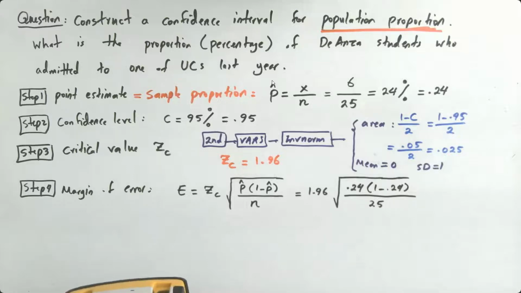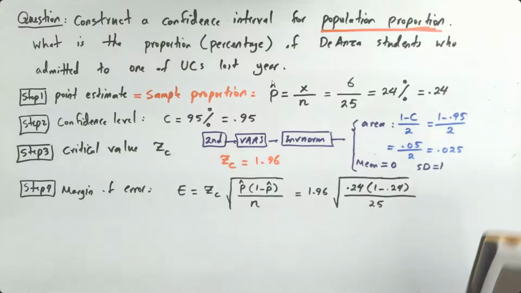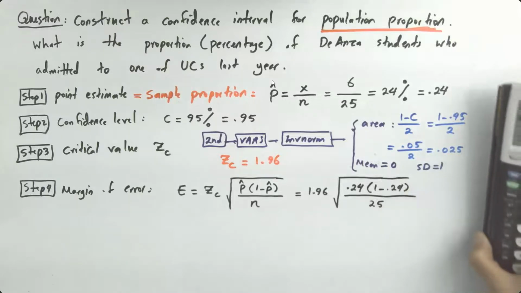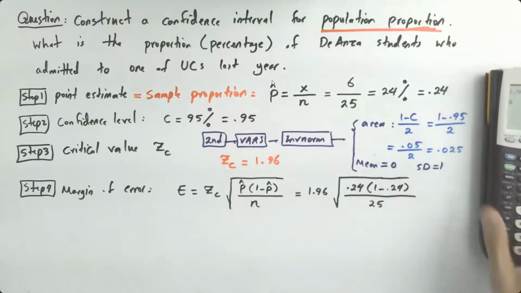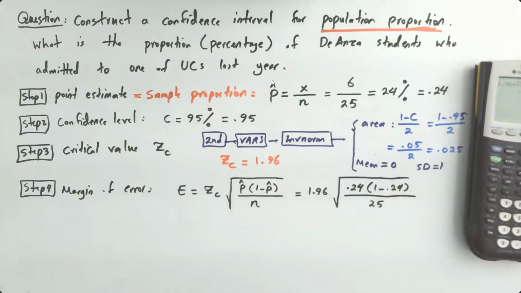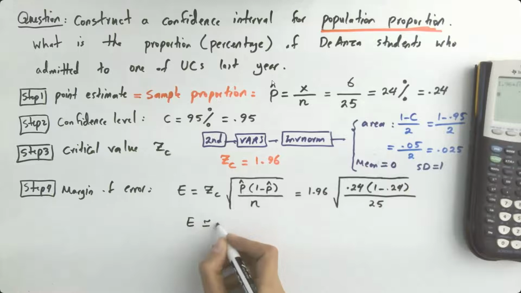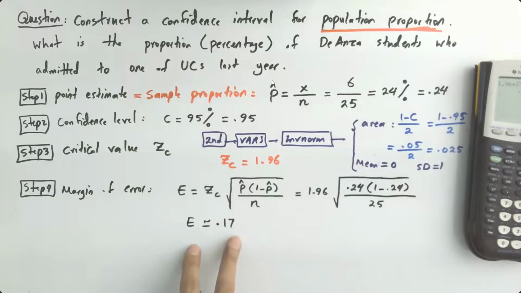Let me close the last parenthesis, and I should get, well, 0.17. So this is going to be my margin of error. E, the margin of error, is approximately 0.17.